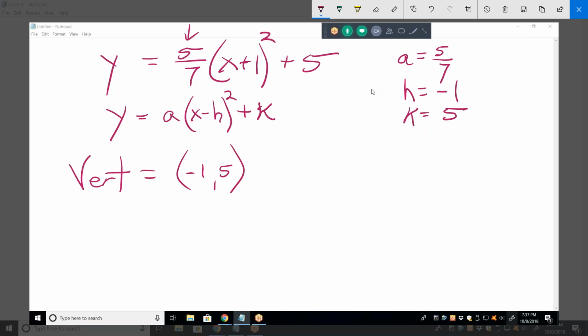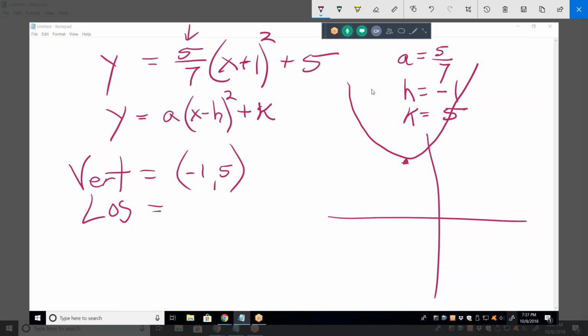And what's the line of symmetry? -1. No, it's x equals -1. Okay. Because it's a line. In other words, the line of symmetry splits the parabola. That dotted line is the line they want.